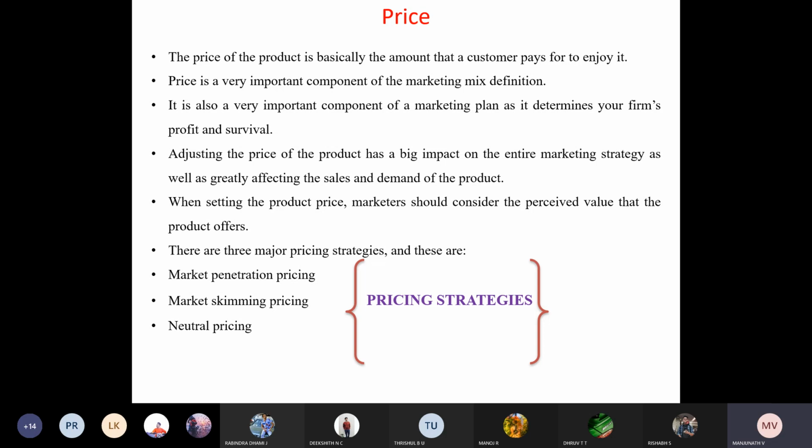Probably you might know about the product called the Tata Nano car. Tata Nano, right? This is a failed product.